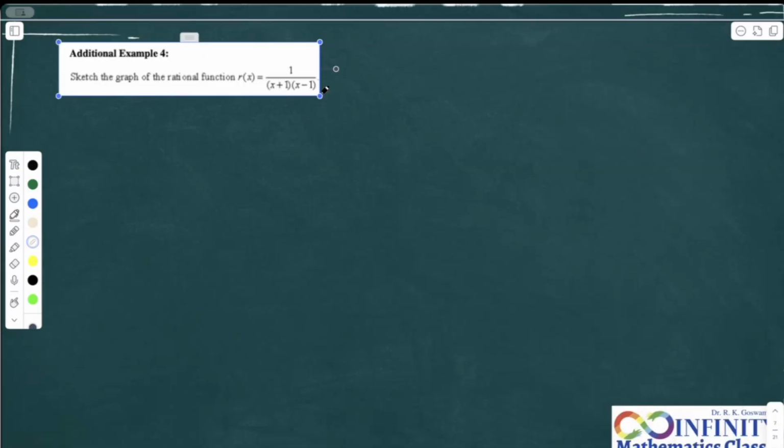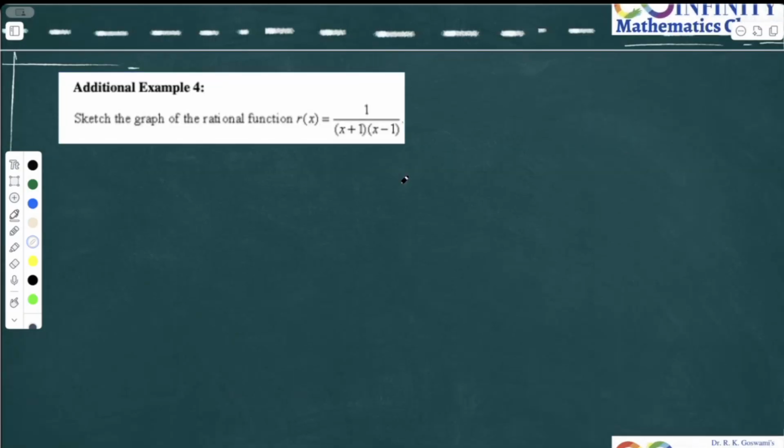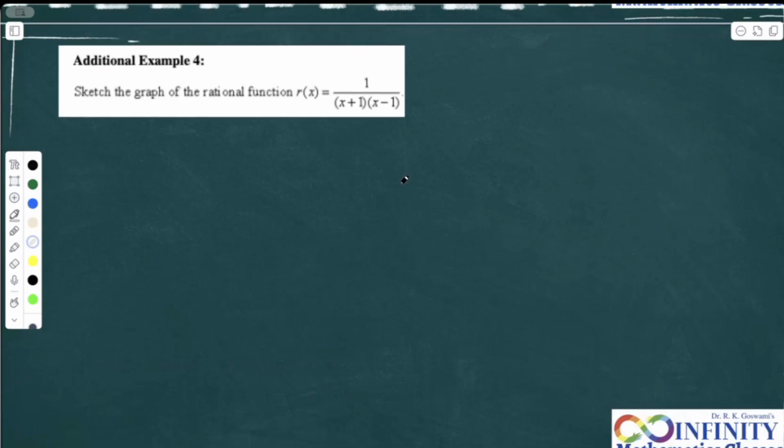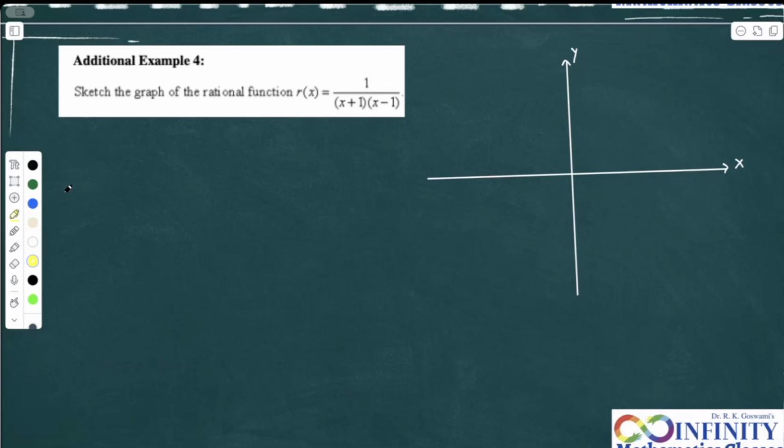Yes. Sketch the graph of the following rational function, which is given to you. So, starting from the beginning, we need to draw a vertical and a horizontal line. These are your x-axis and y-axis, that is your xy plane. Now, please help me. I need the intercept basically.